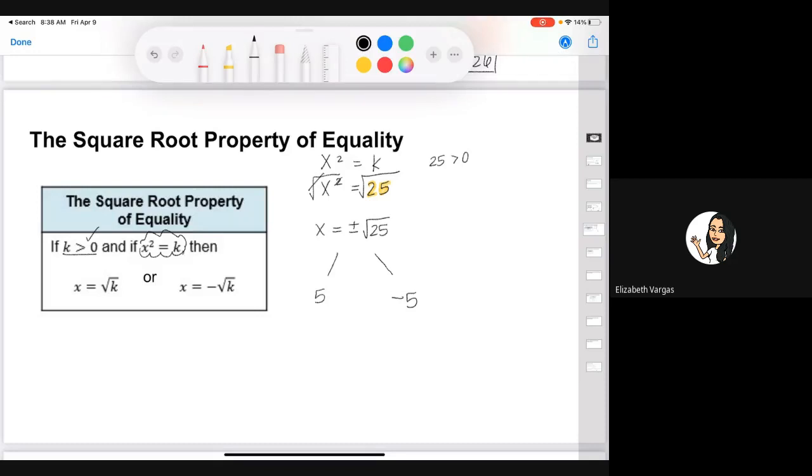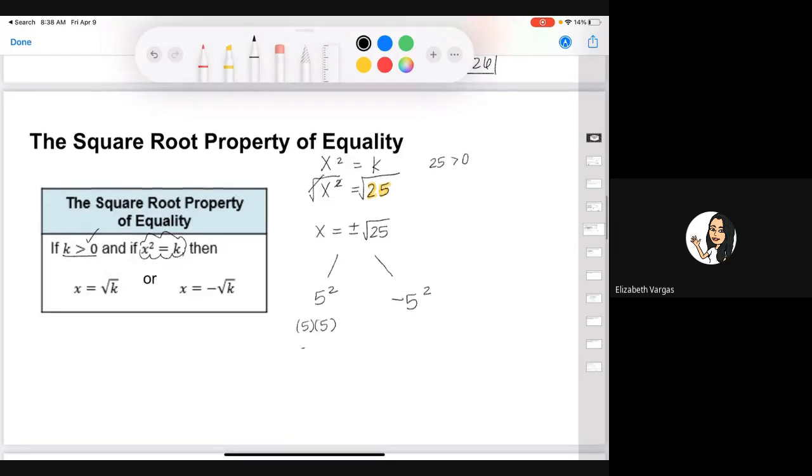If I take positive 5 squared, I get 25. But if I also take negative 5 times negative 5, that also gives me a positive 25. And so that means that both 5 and negative 5 are possible solutions of my equation x squared equals 25.